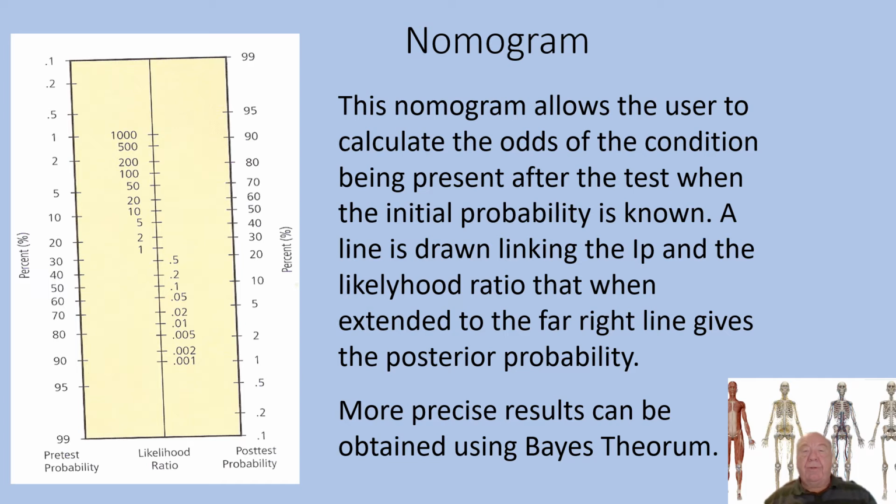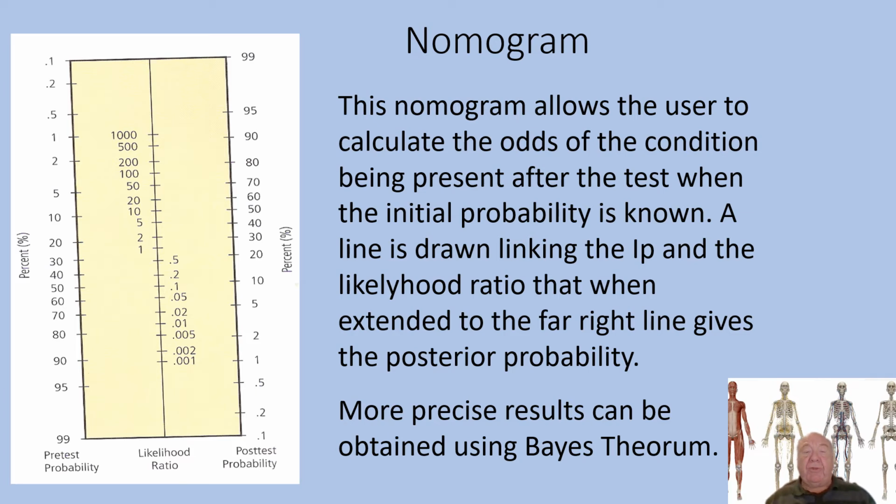Okay, so this is a likelihood ratio probability nomogram. On the left-hand side, you've got the pre-test or initial probability. On the right-hand side, it gives you the post-test probability. The line in the middle is the likelihood ratio.